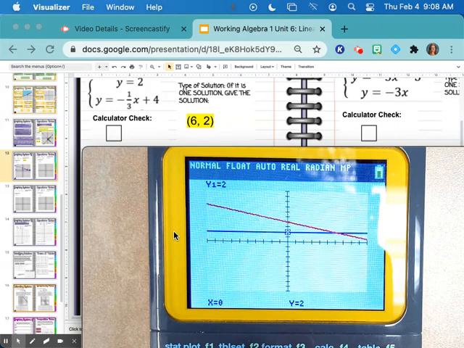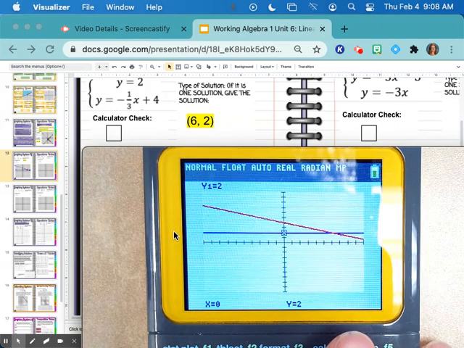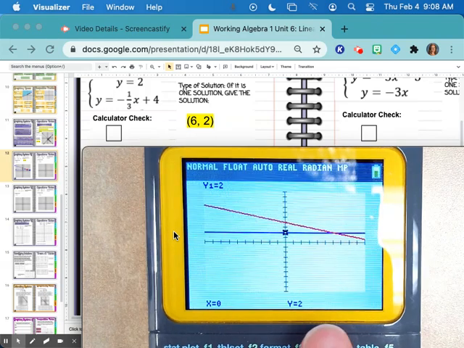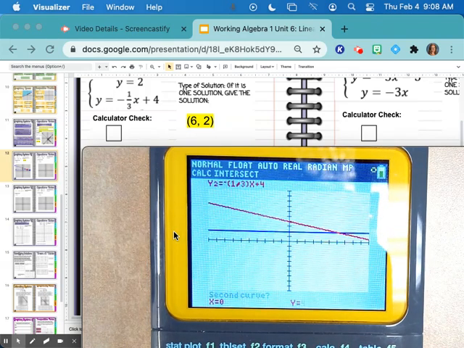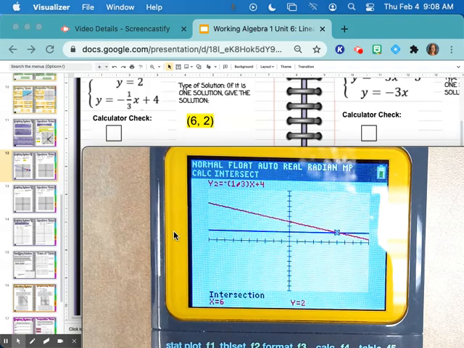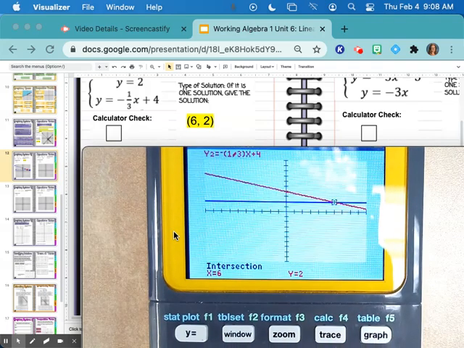So y'all, I need somebody to tell me how to find the intersection point. What are the steps? Yep. Second, trace. Number 5, enter. 6, 2. And then you could also do the calculator check by plugging in 2 here. Well, the y is 2. 2 equals 2, right?